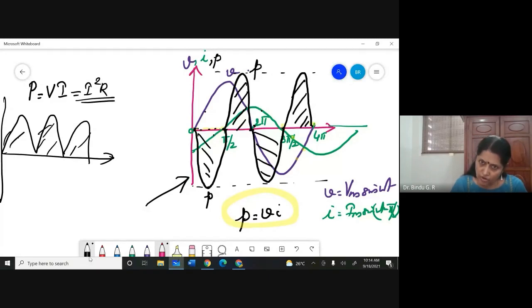As the current falls, the collapsing magnetic field returns the stored energy to the source.